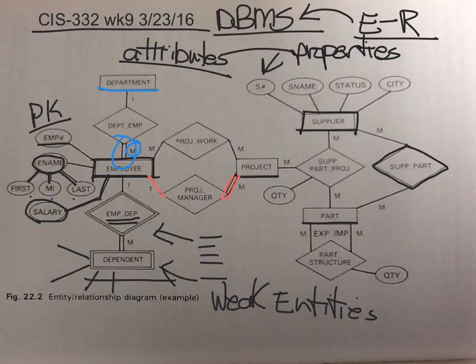Project, two lines, must have a manager, which would be an employee. Each project has only one manager, but the employee can manage multiple projects. All right, so then you can look at and decipher a number of items here on this ER diagram.